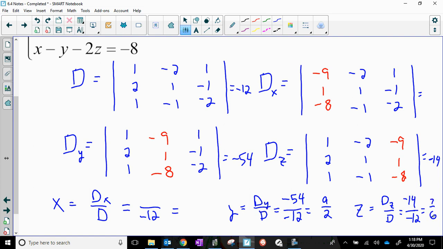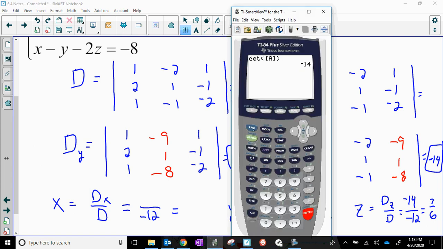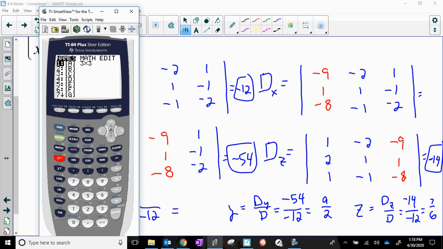All right, let's go back and find our last one so I can actually get x this time. So I go to my calculator, second matrix, slide it over so I can actually see it this time. Let me edit matrix A, and it's still 3 by 3.